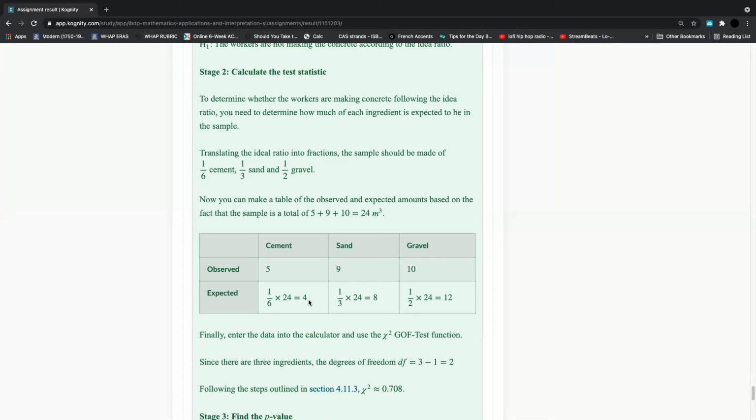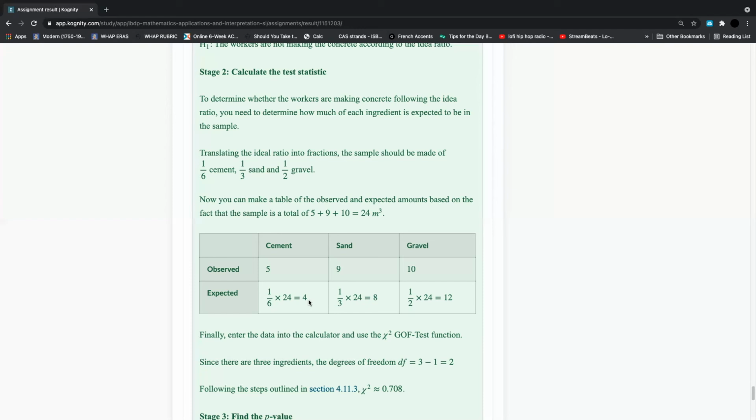Okay. So 5, 9, and 10 into your first column, and then 4, 8, and 12 into your second column. Then stat, tests, go all the way down and find chi-square goodness of fit. And then for this, let me just change my lists, L3, L4. Okay.